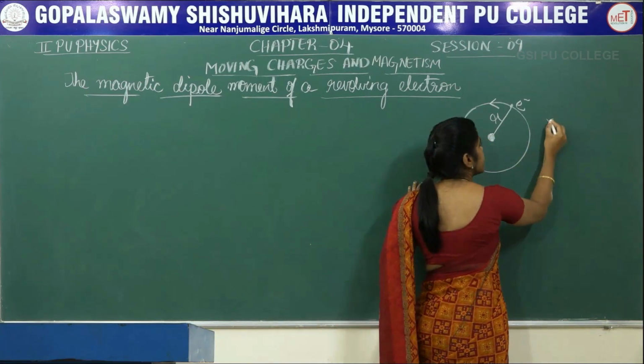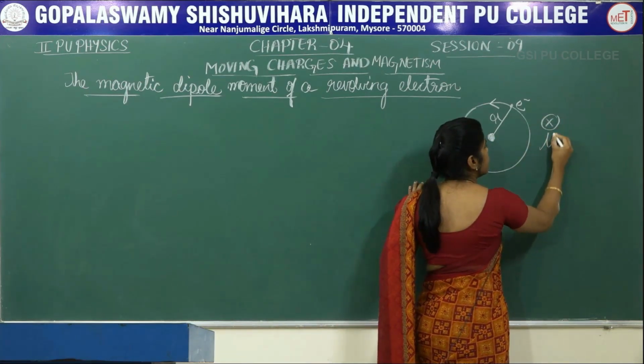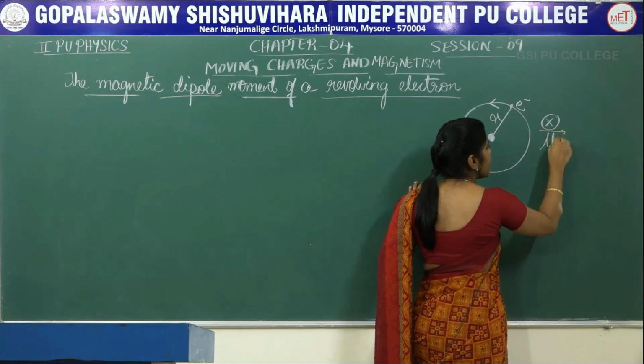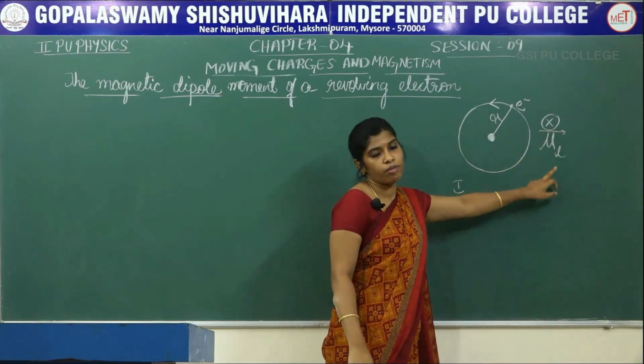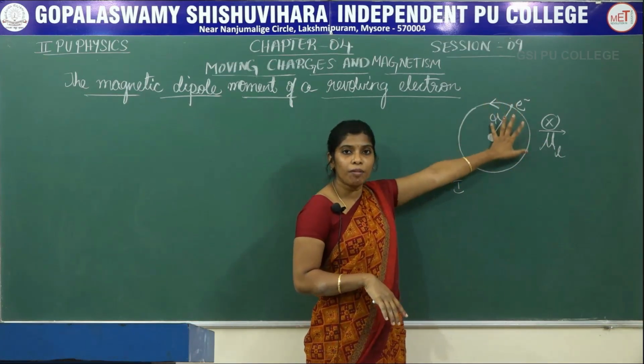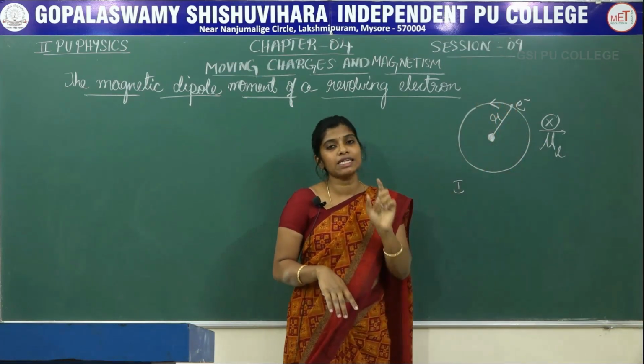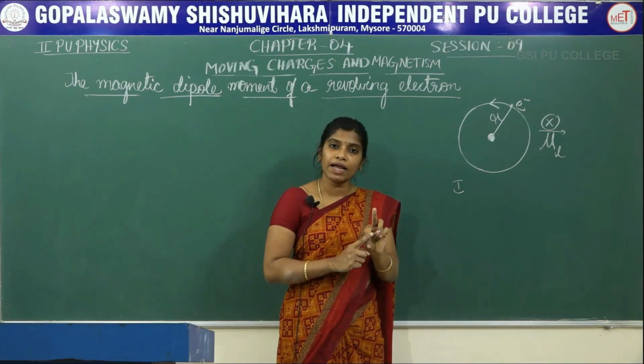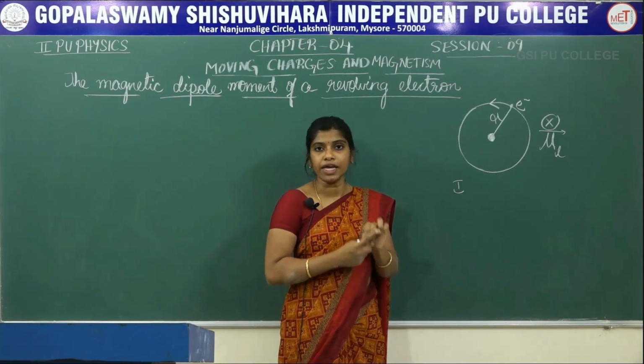Therefore, I will write it as into and mu L. Here mu L is the magnetic dipole moment. The dipole moment of an electron is the sum of orbital magnetic moment and spin magnetic moment.